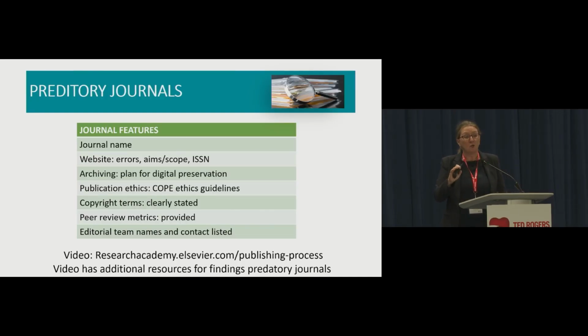The website should also explain the copyright terms. It should also include all those peer review metrics you just heard, that incidentally were amazing for Circ Research. I'm so impressed at Circ Research and the turnaround times and the peer review metrics, but all of that should be on the website. And if it's not, you should be questioning whether or not you have a legitimate journal.